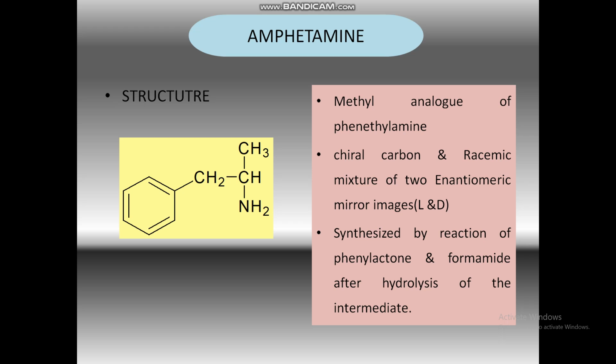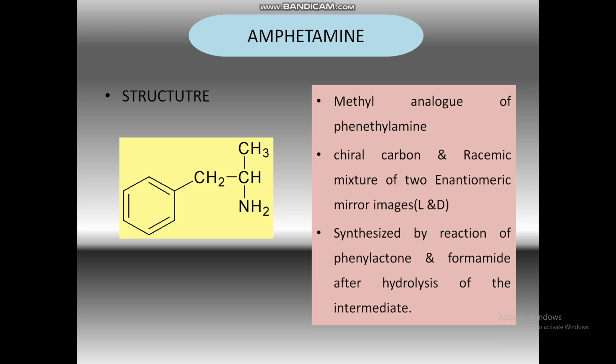Because of the chiral carbon, amphetamine is composed of a racemic mixture of two enantiomeric mirror images, levoamphetamine and dextroamphetamine. The pure free base of amphetamine is a mobile, colorless, volatile liquid with a characteristic strong amine odor and burning taste.